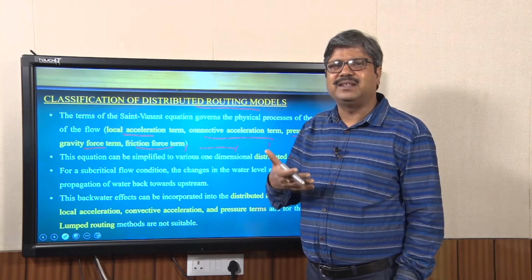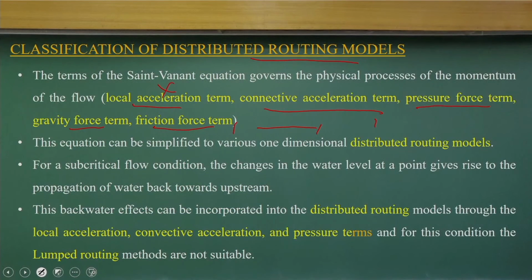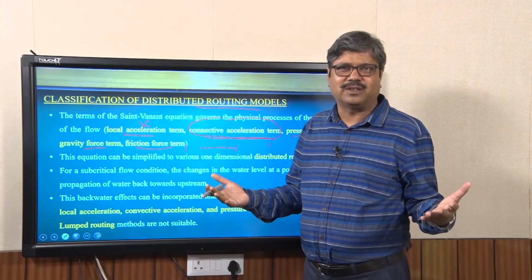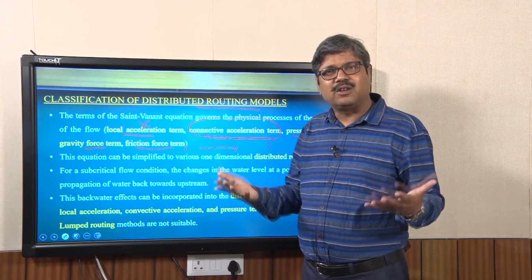The discharge variability is not there, so we can drop the local acceleration term. Similarly, can we drop the convective acceleration term? In which case can we do it? Can you drop the expansion contraction term? This depends on the rivers. If expansion and contraction is not there, you can drop that part.